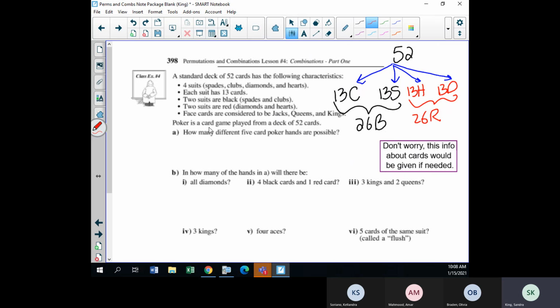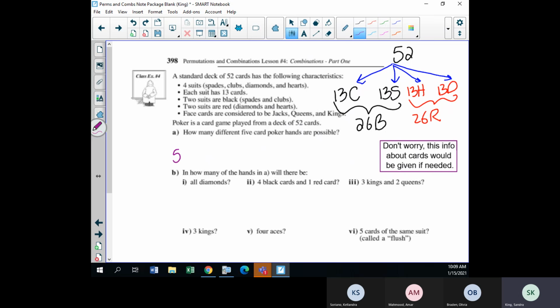For poker, poker is a card game played from a deck of 52 cards. So when you play a game of poker, you play with a single deck, and you draw a 5-card poker hand if you're playing 5-card poker. How many different 5-card poker hands are possible? For A, you've got 52 cards in a deck, and you're going to choose 5 cards to make a 5-card poker hand.